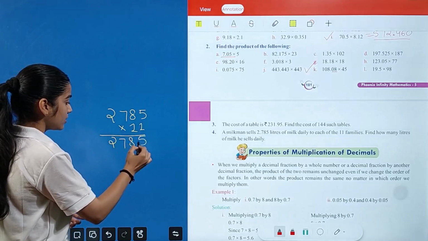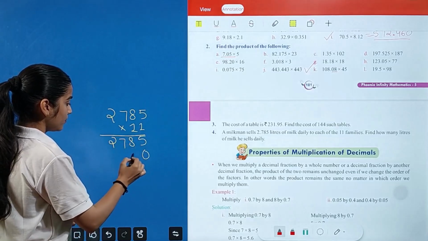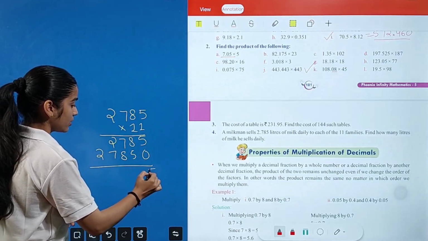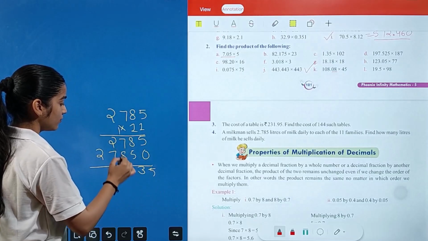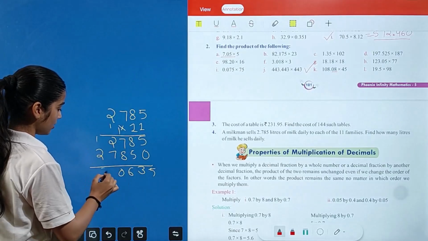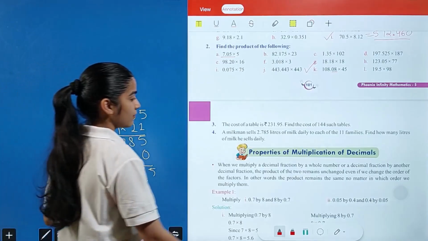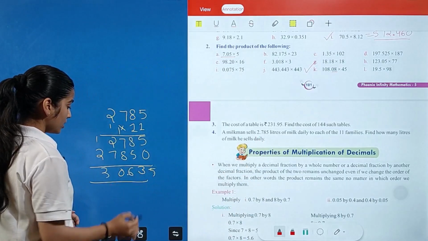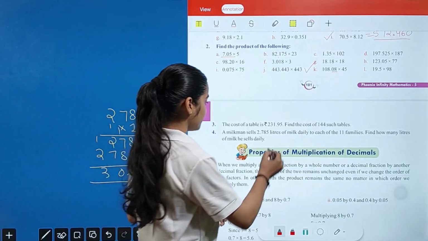So 27850 plus 2785. Now we have to add them together: 5, 13, 1, 15, 16, 1, 9, 10, 1 and 3. How many places do we have after the point? 1, 2, 3. So 30.635.